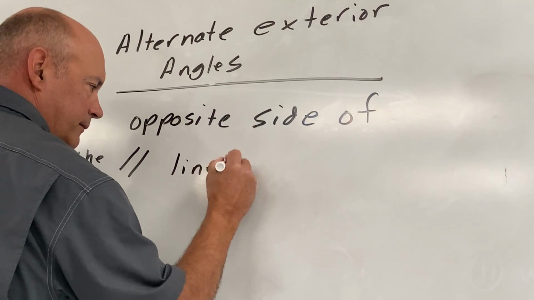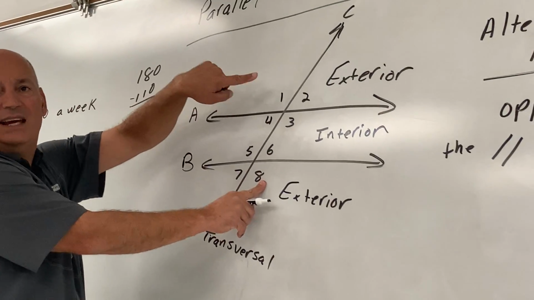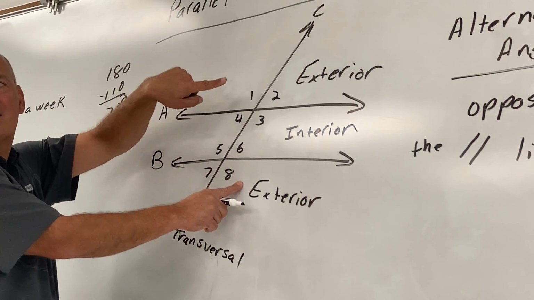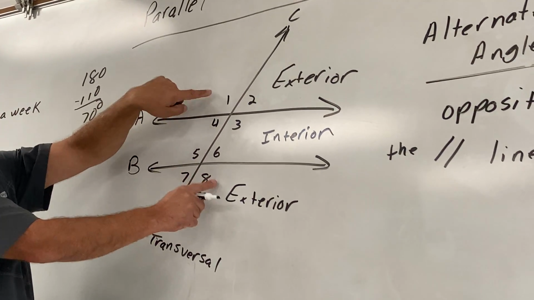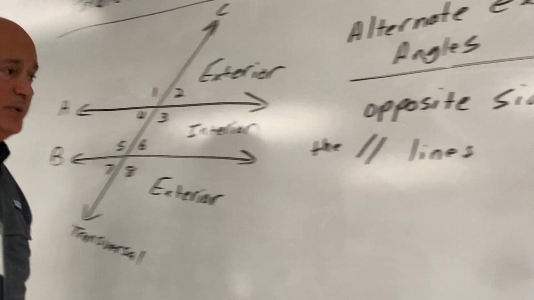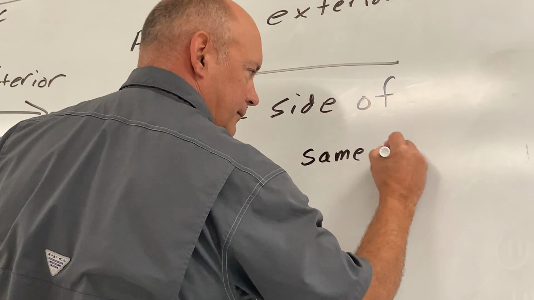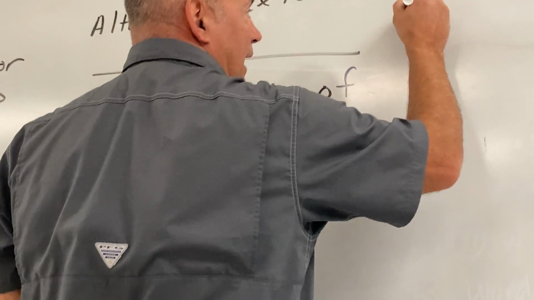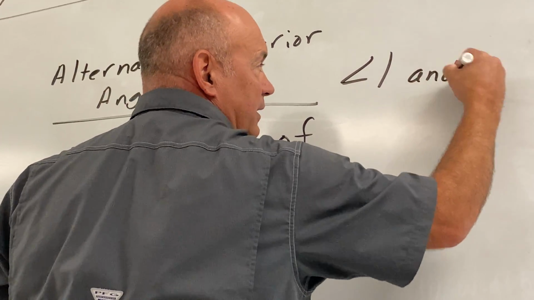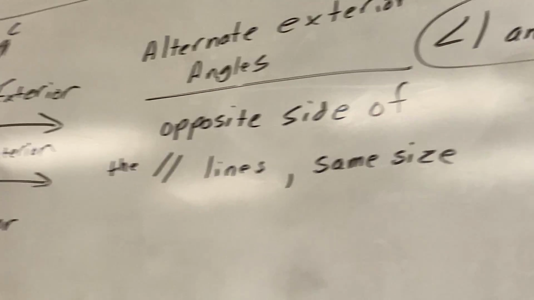And I'm going to tell you this: it must be the same exact size. Angle 1 and angle 8 are both big ones. Are you with me? So let's put a little note here. It must be the same size. And let's put a note. Angle 1 and angle 8 are alternate exterior.